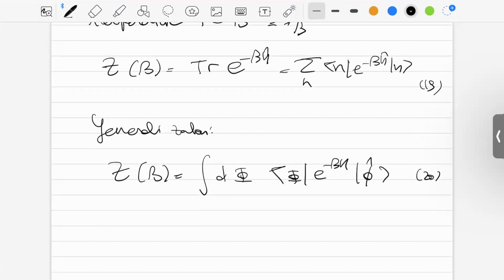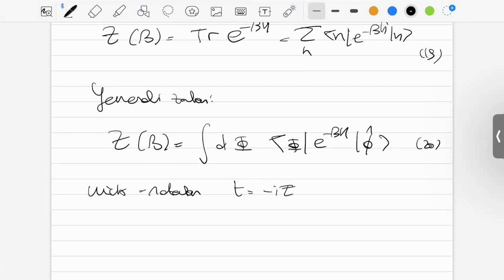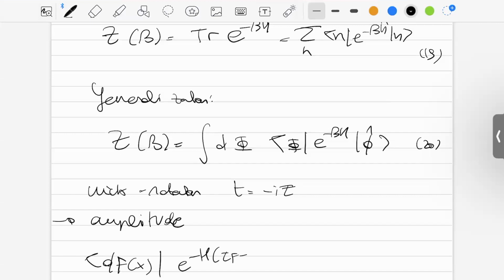Now, if you perform so-called Wick rotations, so if you just say that the time t is equal to minus i tau, where tau is also called the Euclidean time, then a generic amplitude becomes something like that: <phi_f, tau_f | phi_i, tau_i>.